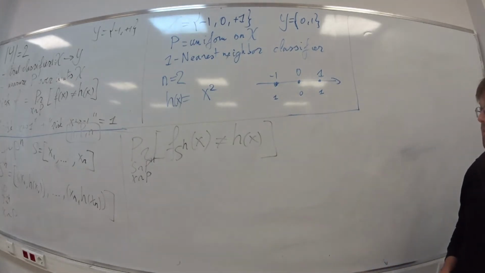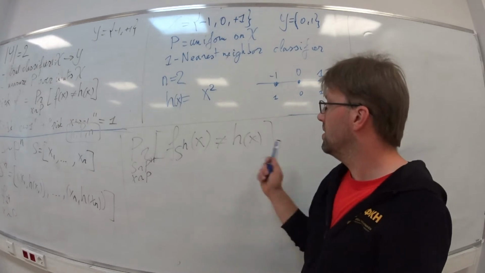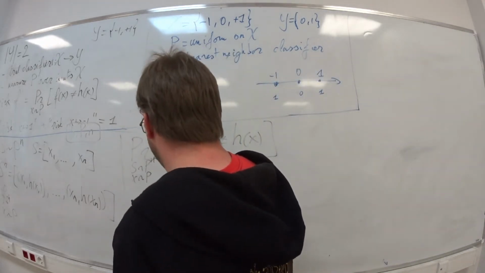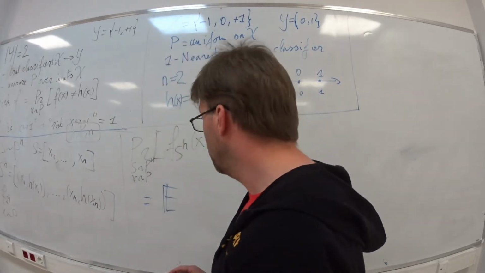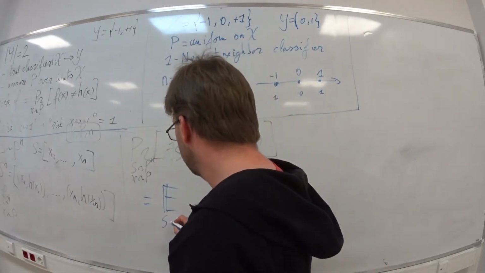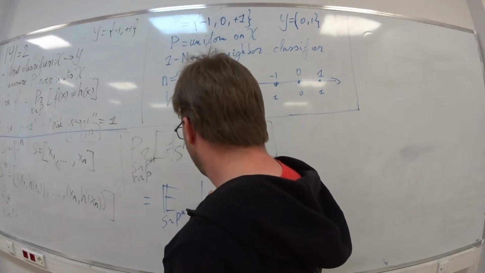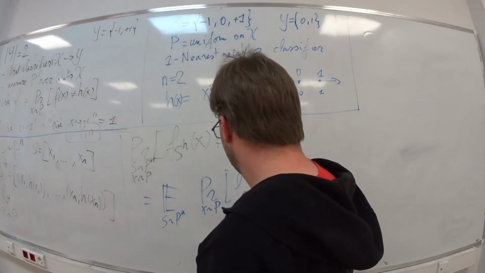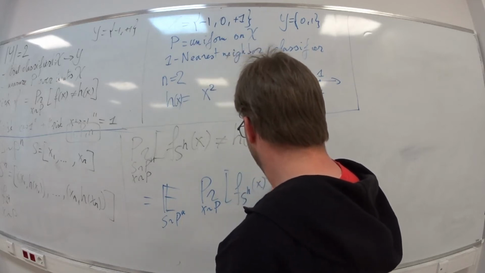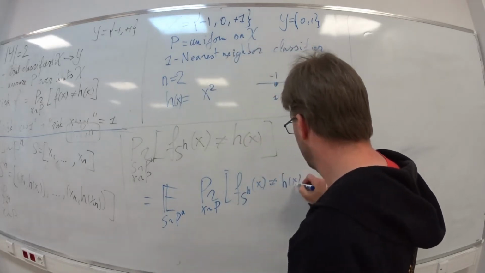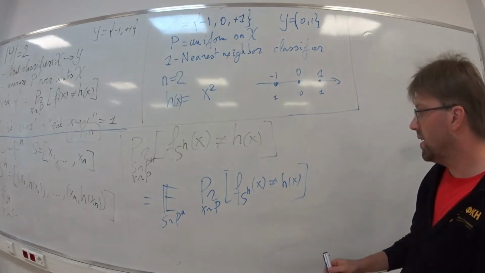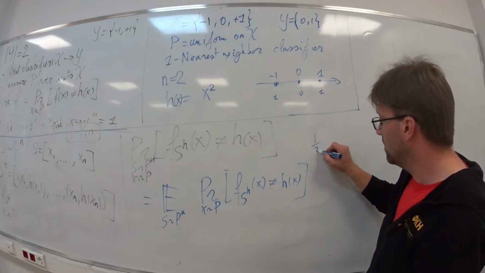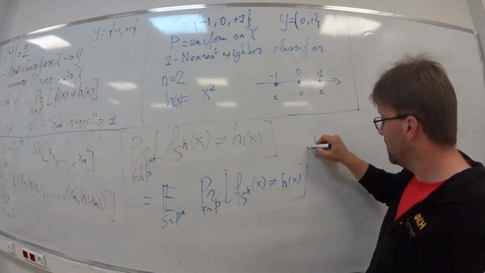Okay. And so to evaluate this, maybe it's more clear if we write it as an expected value over S of the probability of the risk. And I claim that this is always at least 1/3.